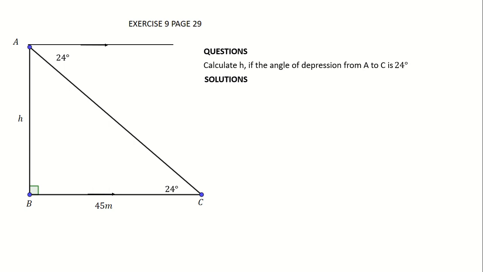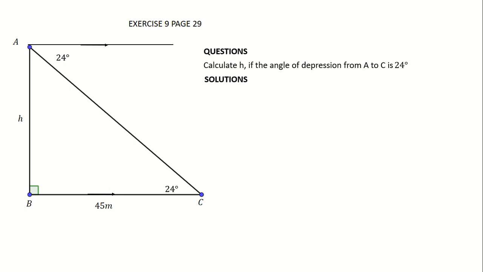We also have BC, which is 45 meters. We need to find H, which is the height. What is the relationship between the height and 45 meters, which is BC, the adjacent side to 24 degrees? Which ratio can combine the height and 45, which is your adjacent?